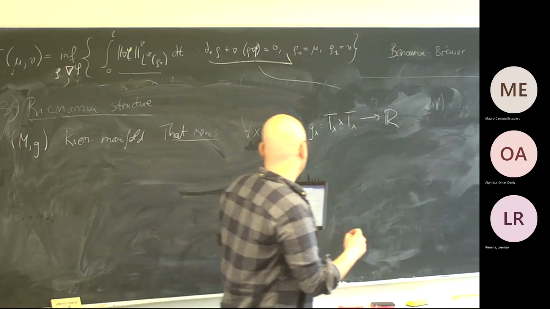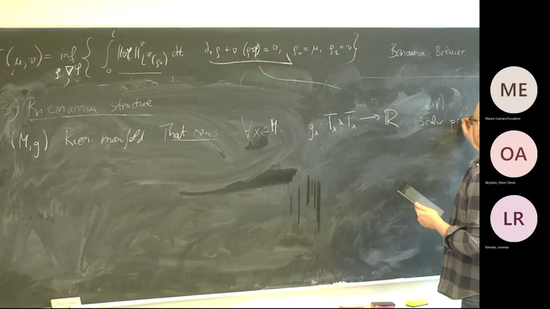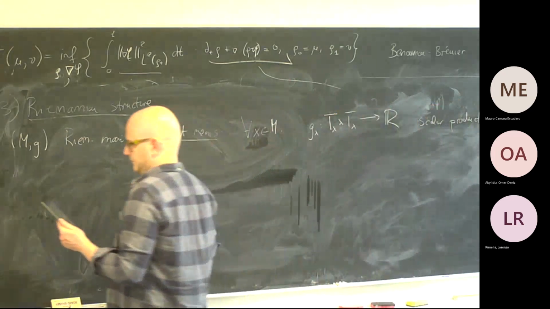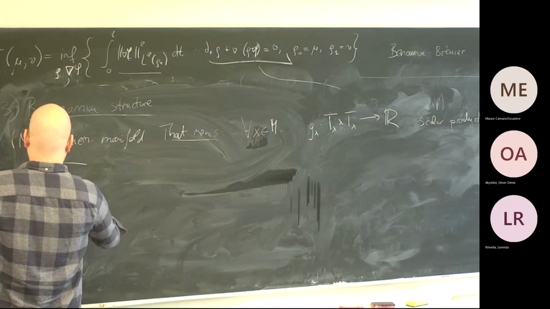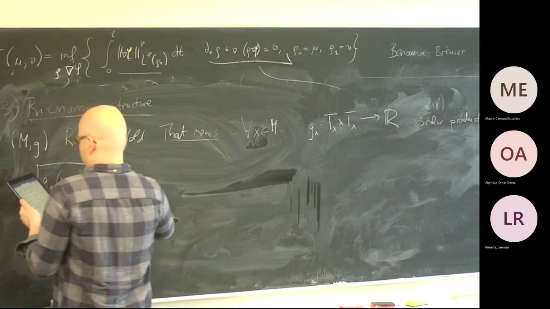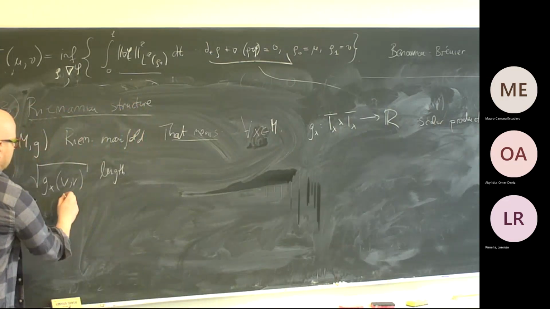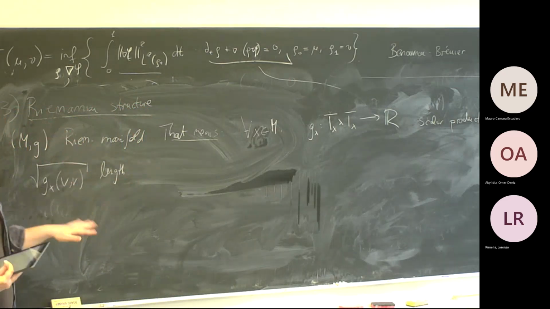So this defines a scalar product. And okay, so this is the length of the vector v in this plane.